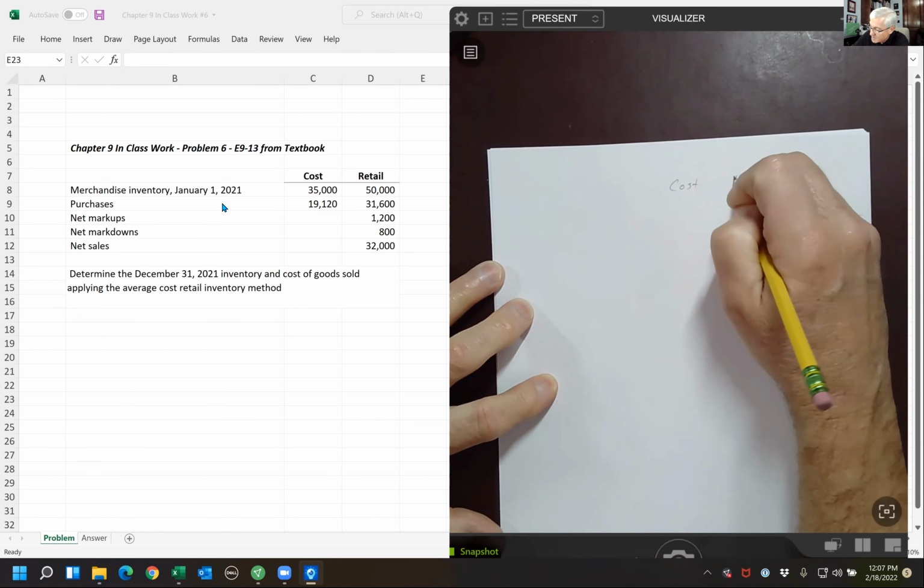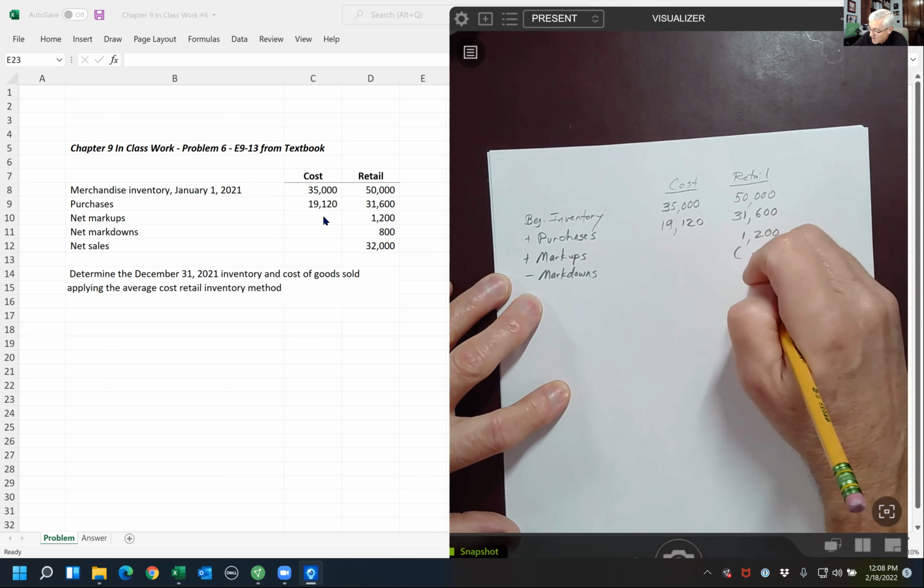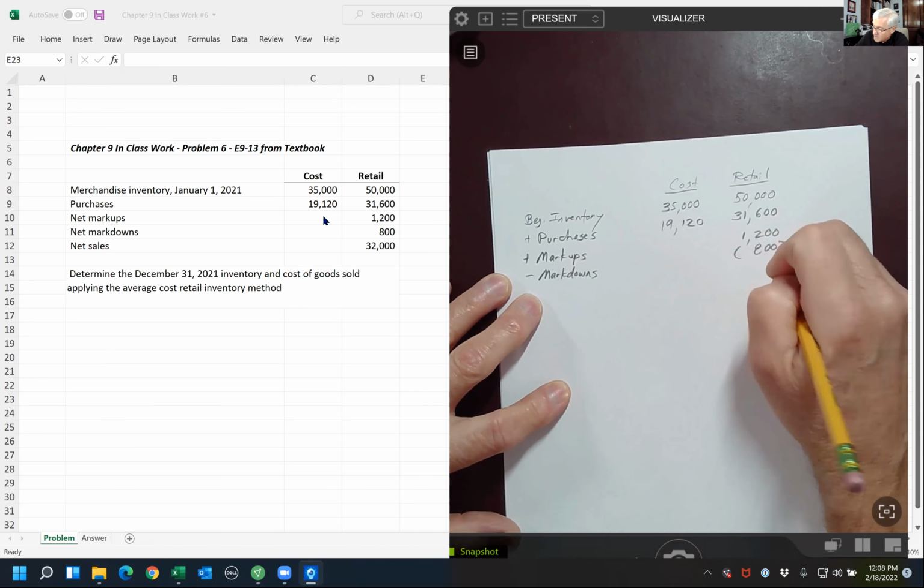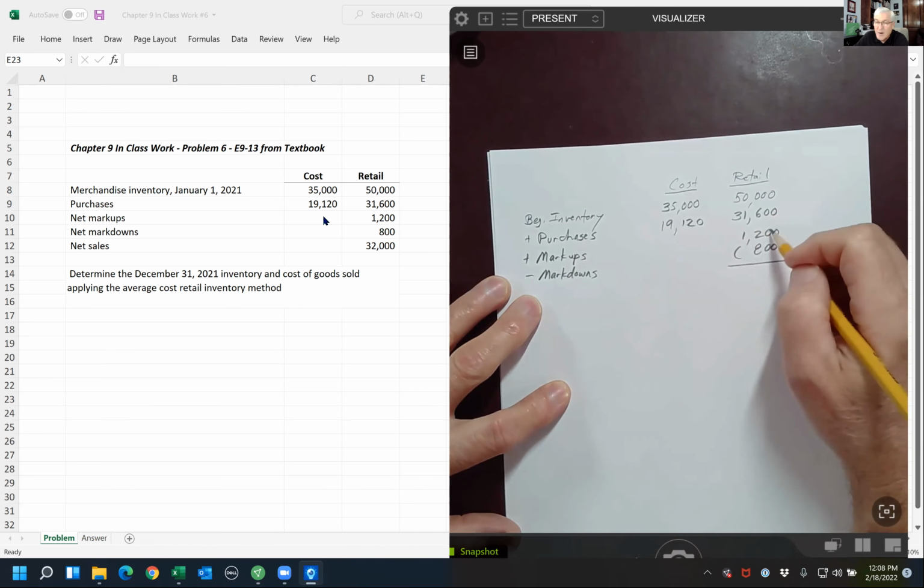But we've got to now add on the retail side the markups minus the markdowns. Markups are 1,200, and the markdowns are minus 800. And this is the difference in the average cost method.